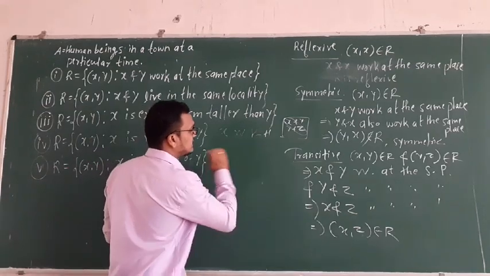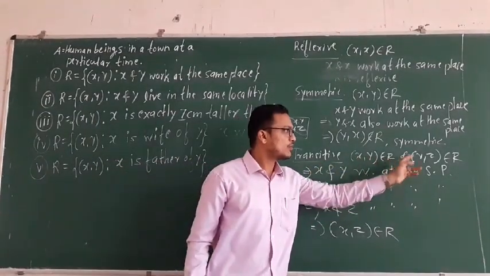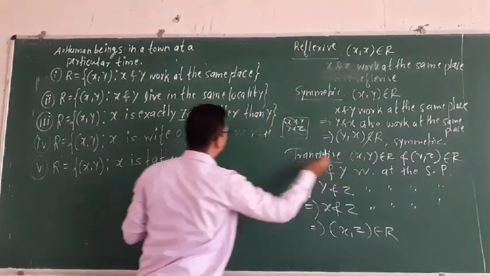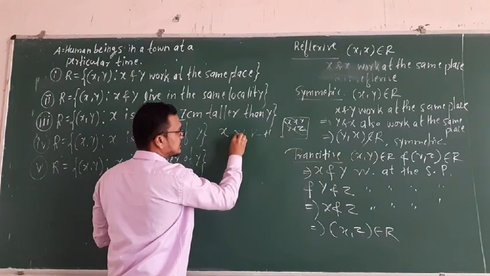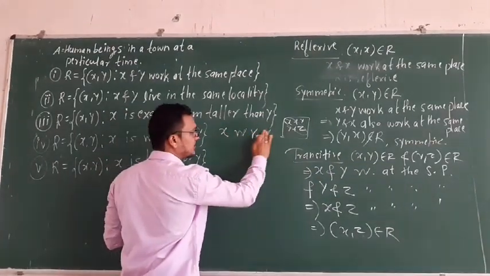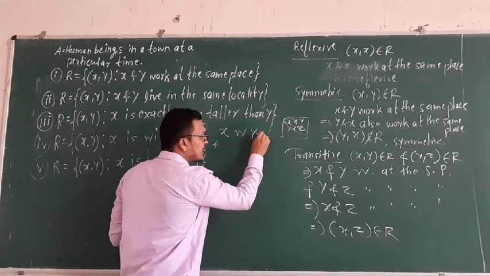If I check the transitivity, what does the transitive relation say? (x, y) belongs to R, (y, z) belongs to R. Let us check now. (x, y) belongs to R means x is the wife of y, so y is the husband here.